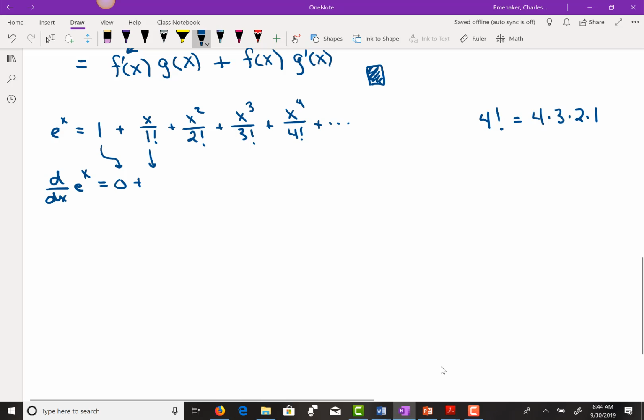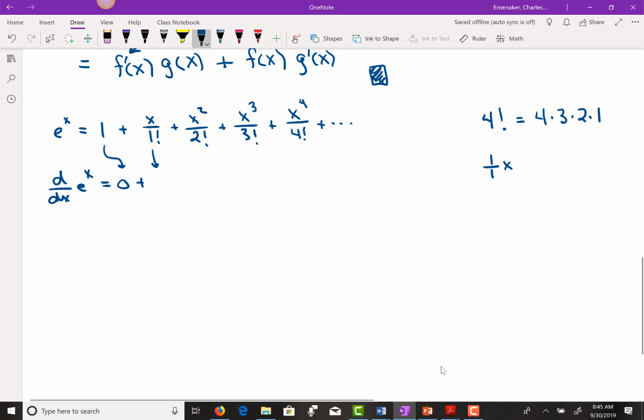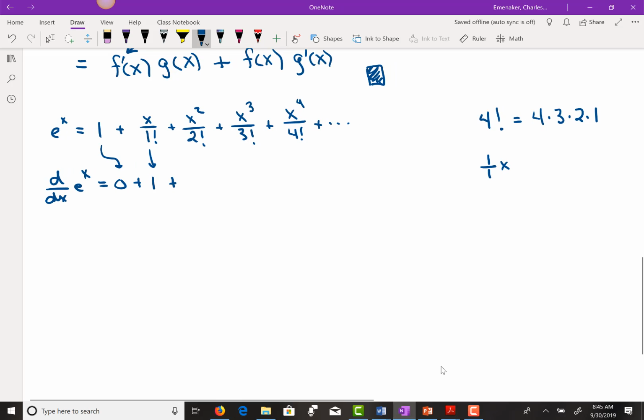Plus, now we do this term. This can be written as 1 over 1 times x. What's the derivative of x? 1. Plus, this x squared term can be written as 1 over 2 times 1 times x squared.